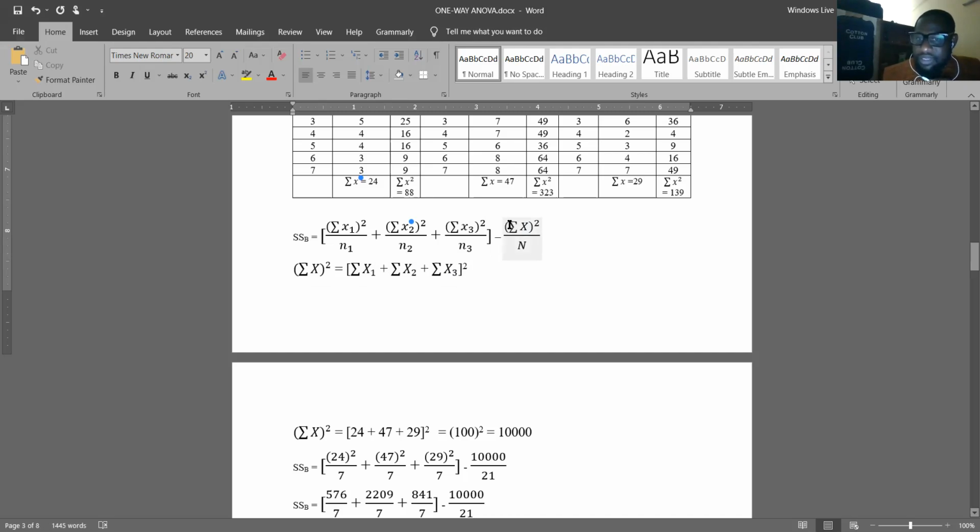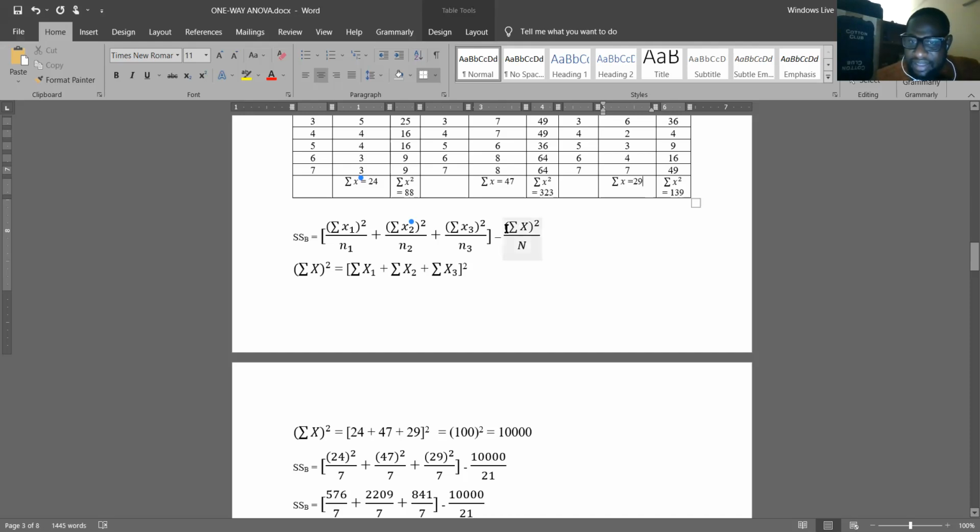What it implies is that we add sigma x for group 1, sigma x for group 2, and sigma x for group 3. So it will be 24 plus 47 plus 29 all squared. And 24 plus 47 plus 29 will give you 100. And 100 squared will give you 10,000.